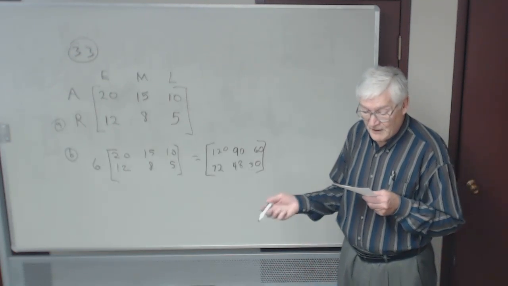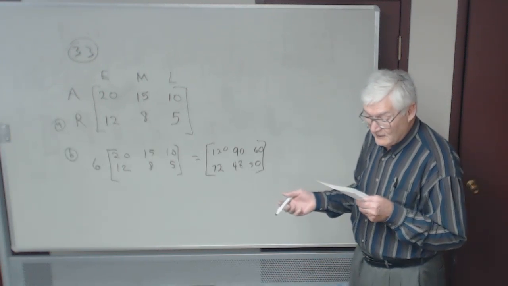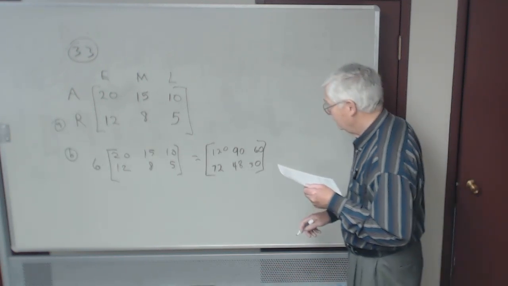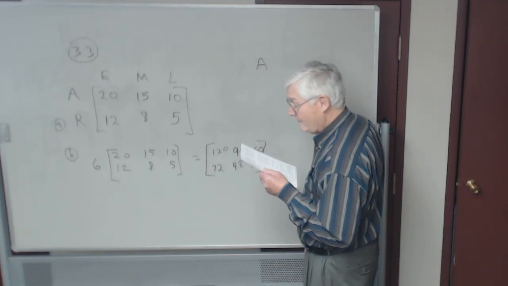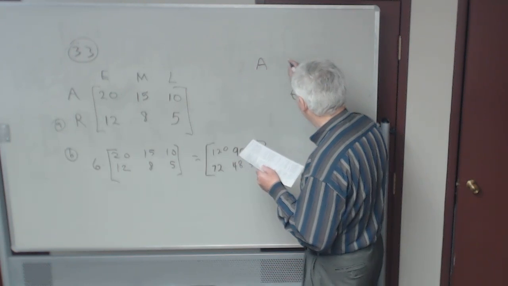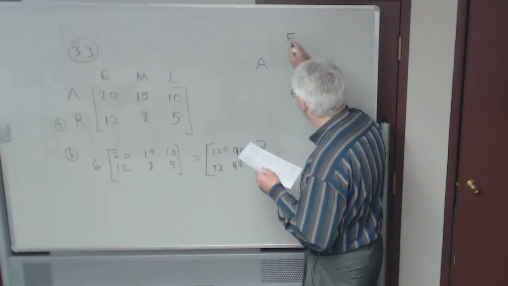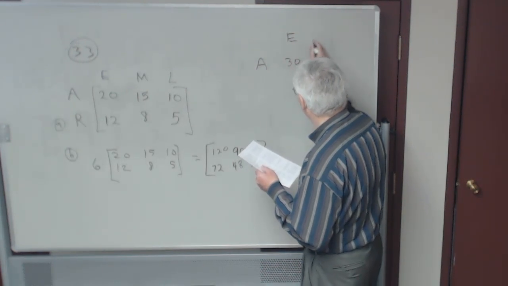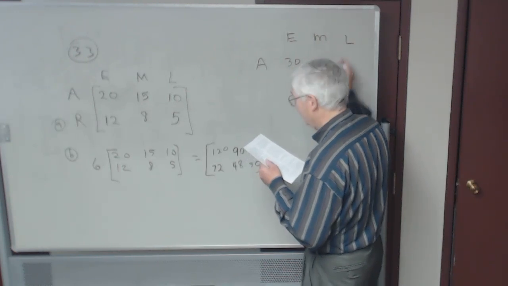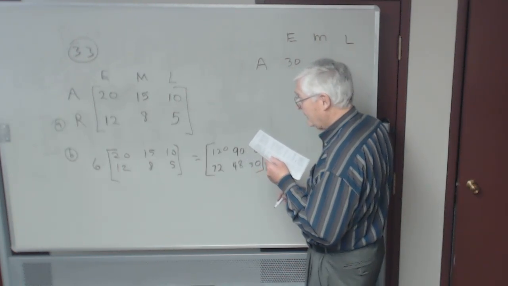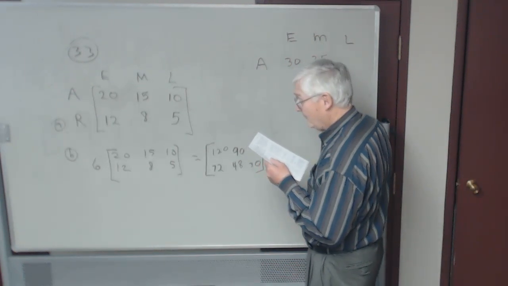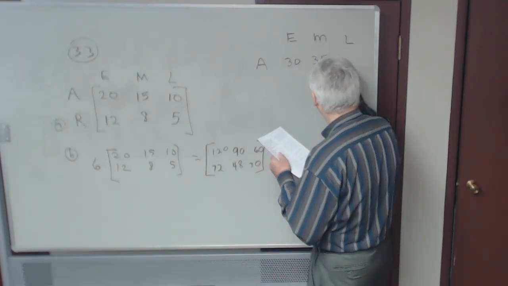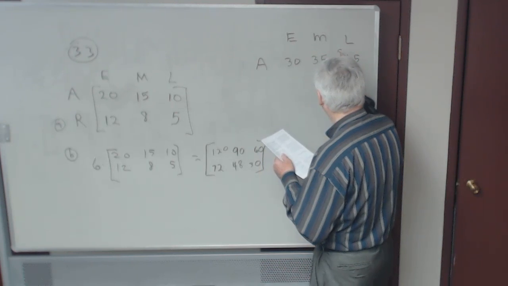Now, suppose the cost of materials for armchairs are 30 for economy, 35 for mediums, and 45 for luxury.